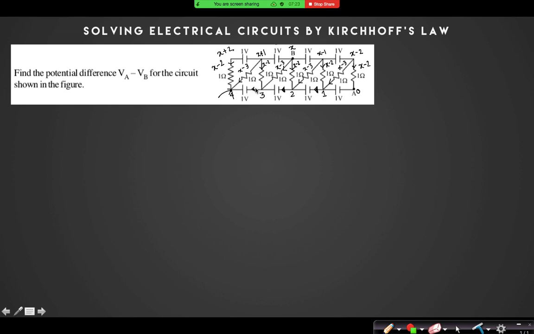Can you see it is 1, 2, 3, 4, so I can write 4 into x minus 2, plus 1, 2, 3, that is 3 into x minus 3 plus x minus 3, so there is 4 into x minus 3. These two currents are coming towards that junction, and I have also taken this current coming towards that junction, so I have to take plus again. Plus x minus 2, can I say that should be equal to 0?